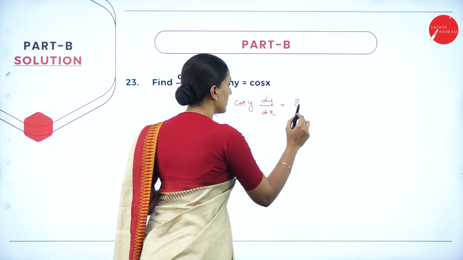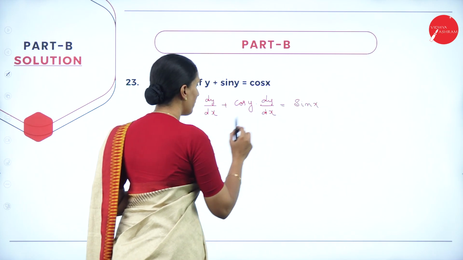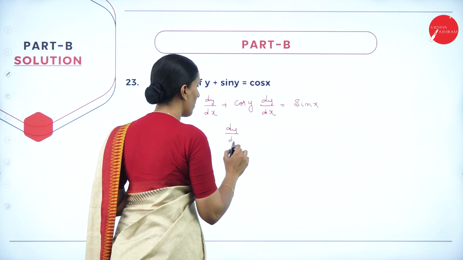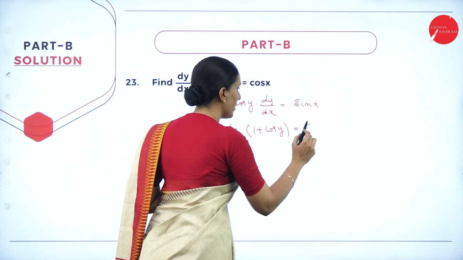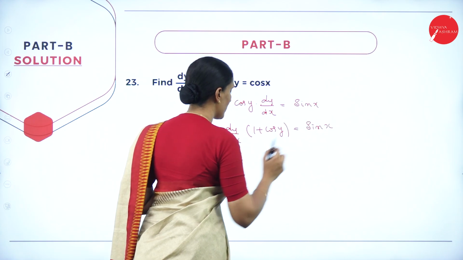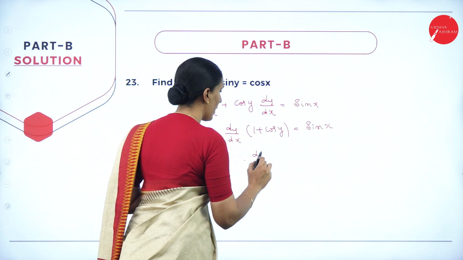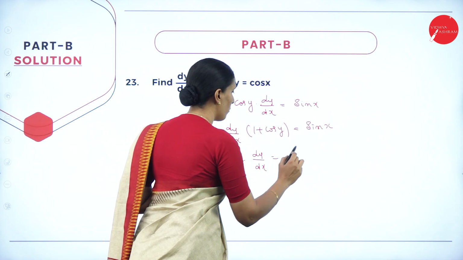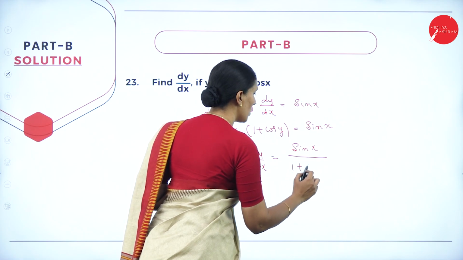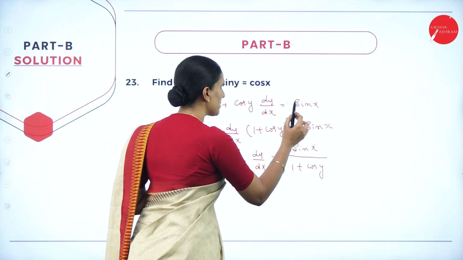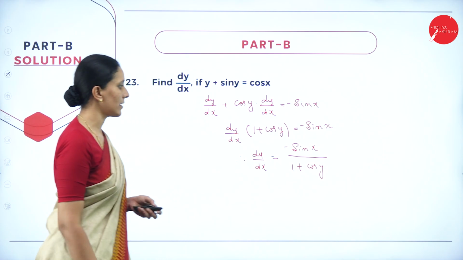Derivative of cos x is minus sin x. So when we take dy by dx as a common factor, we are left with 1 plus cos y on the left hand side, and on the right hand side we have minus sin x. So we need dy by dx, therefore this is minus sin x divided by 1 plus cos y.